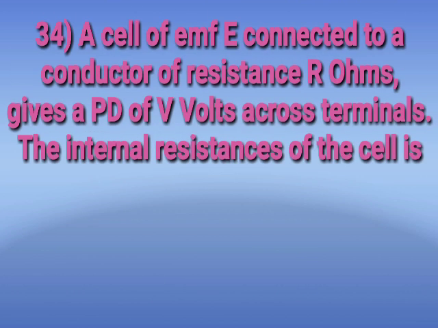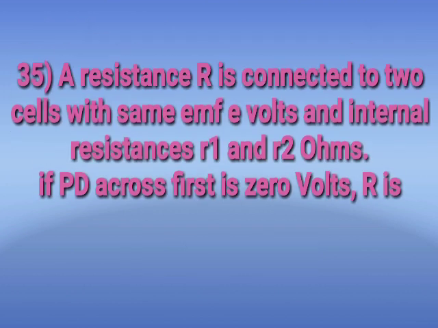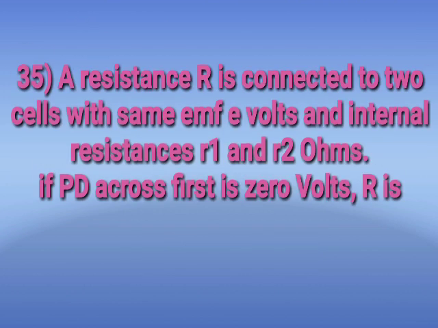A cell of EMF E connected to a conductor of resistance R ohms gives a potential difference of V volts across its terminals. The internal resistance of the cell is E minus V into R by V. A resistance R is connected to two cells with same EMF E volts and internal resistances R1 and R2 ohms. The potential difference across the first is 0 volts.